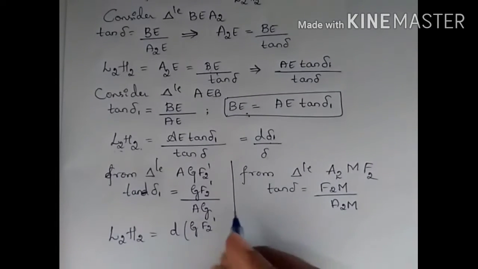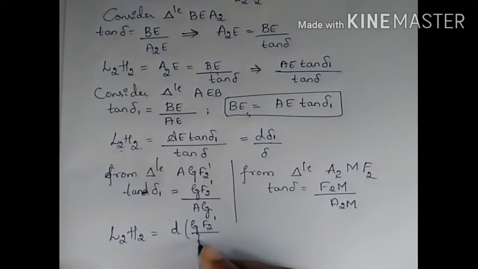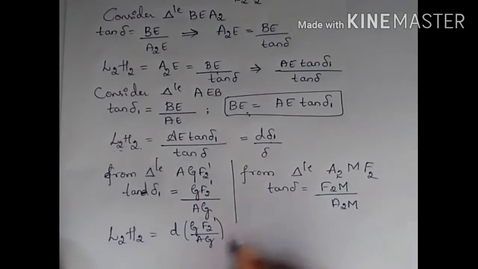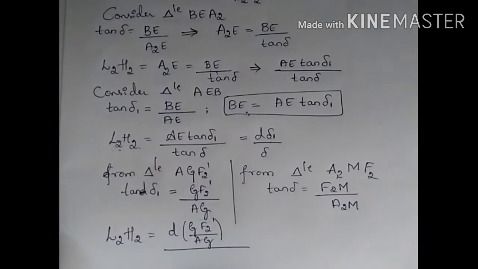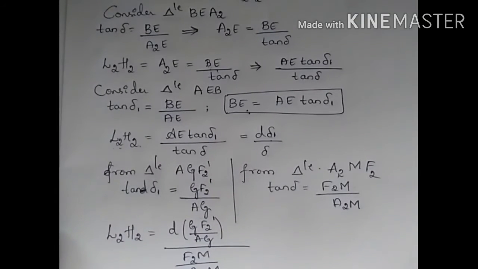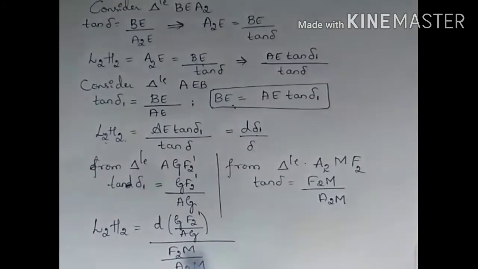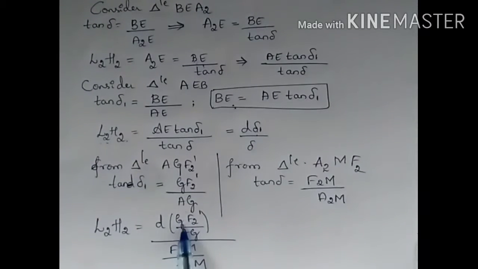GF2 prime divided by AG, and the whole divided by tan delta, which is F2M divided by A2M. So you have the equation for L2H2 here. Now let us substitute what GF2 prime and F2M are.